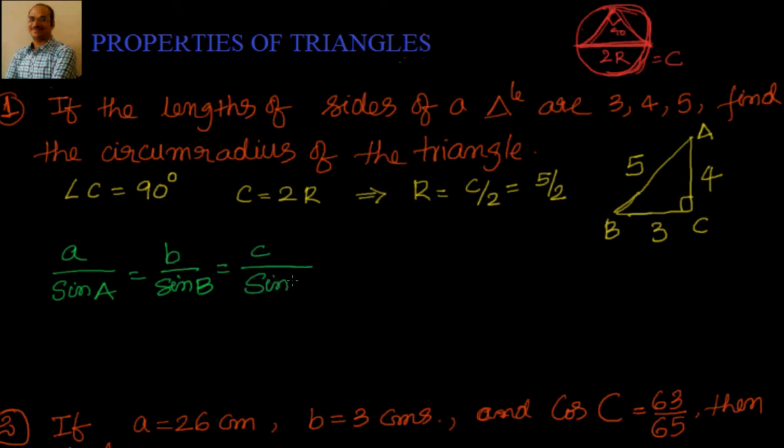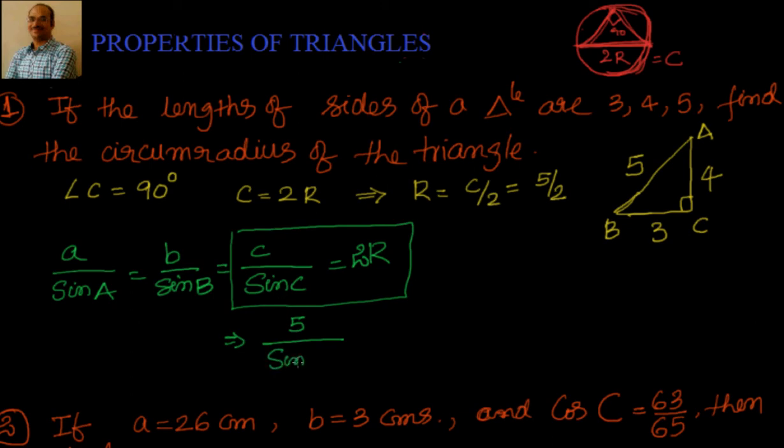We will leverage only C, which is 5. So 5 by sin of, we know that angle C is 90 degrees, so 5 by 1 equals 2R. That will give you R equal to 5 by 2.